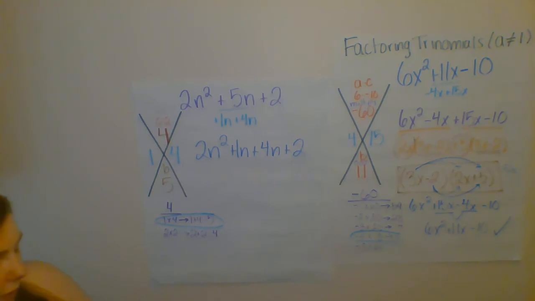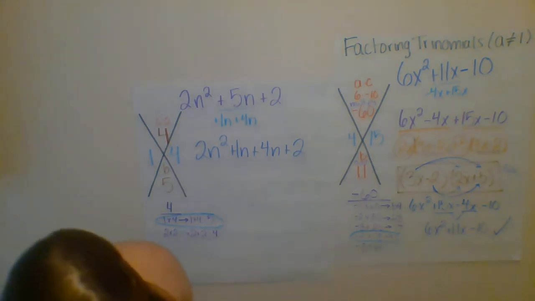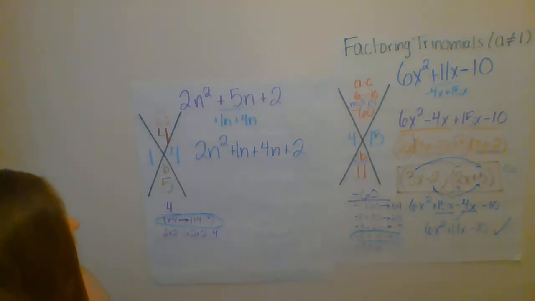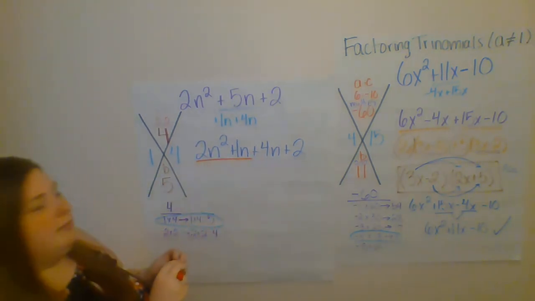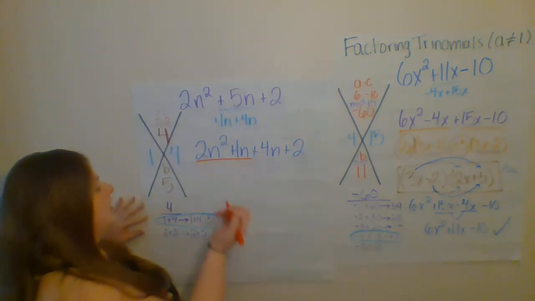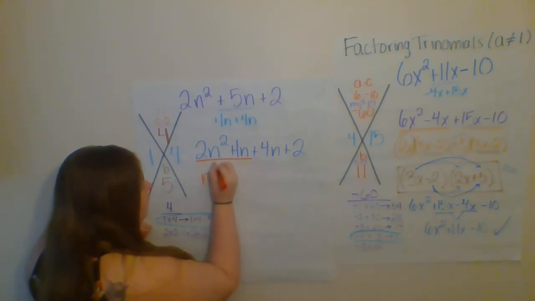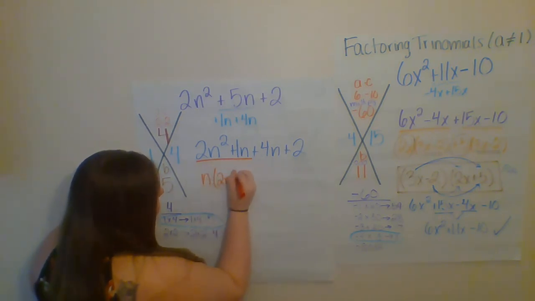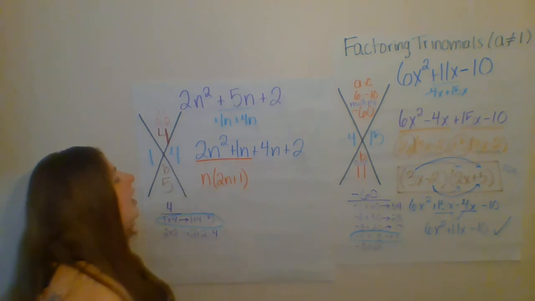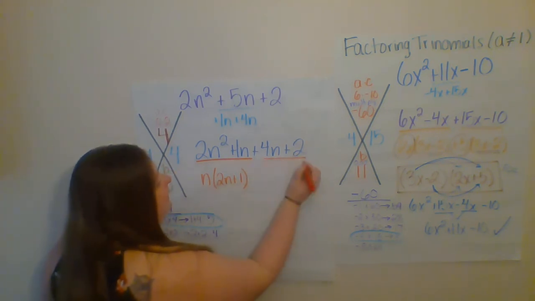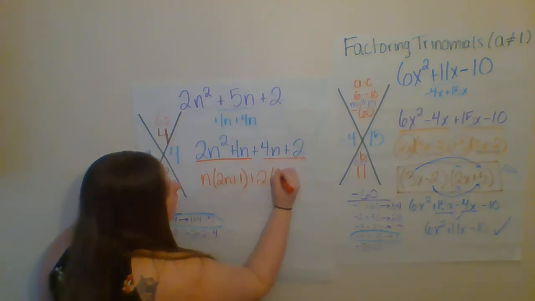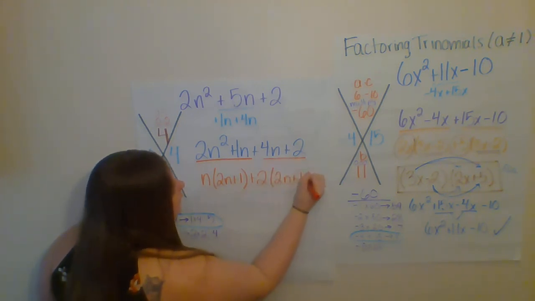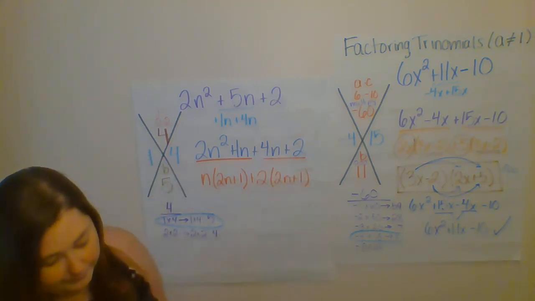So now we are going to factor this by grouping. Our first group is 2n squared plus 1n. Our GCF of that is n. So we're left with 2n plus 1 on the inside. Our second group is 4n plus 2. Our GCF of that is 2, and we're left with 2n plus 1 inside there as well.